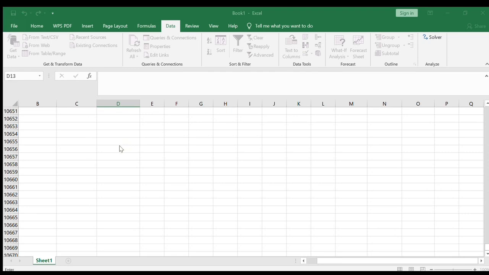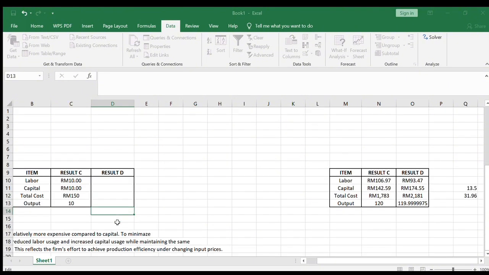Zero, this, this equal to 0. This, delete, and make this equal to 0.